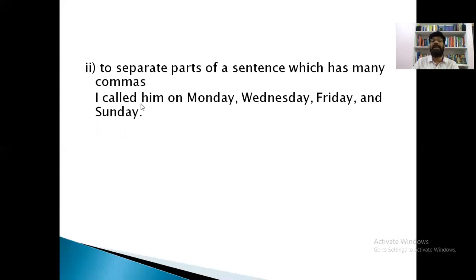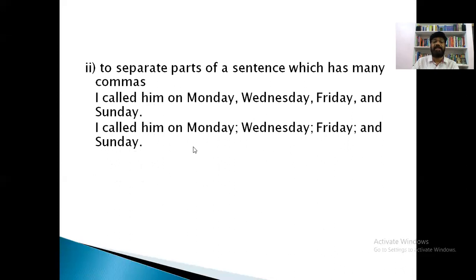I called him, it means that I made a call to him on Monday, Wednesday, Friday, and Saturday. In such a case, such commas can be replaced with the semicolon. Say, I called him on Monday; Wednesday; Friday; and Sunday.